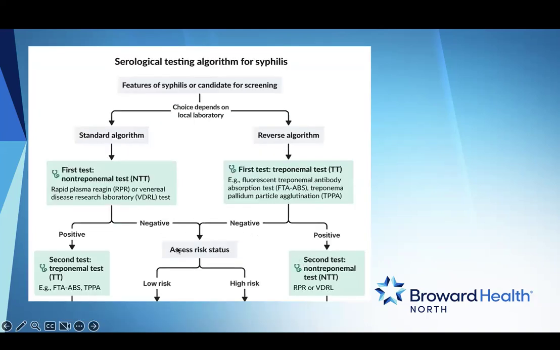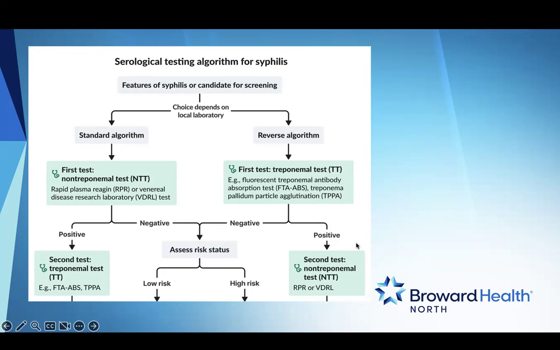If we go back to the algorithm, when the non-treponemal test comes back negative, we'll talk a little further about what happens. But let's start on the other side, which is the reverse. We start with the treponemal test, which is the FTA-ABS, the absorption one, or the agglutination test, and that comes back positive.